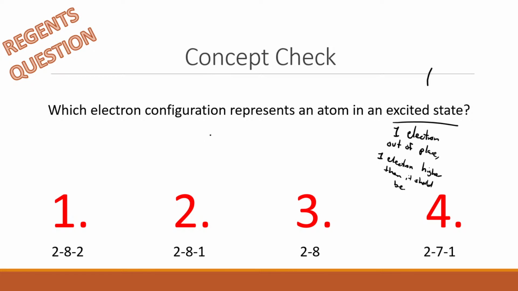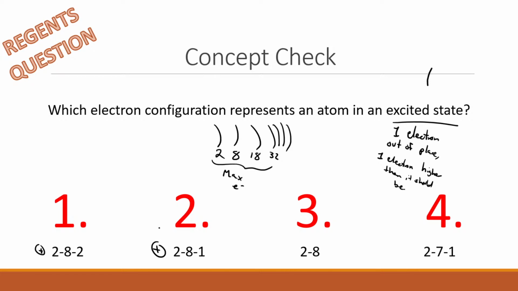So if we know that 2 electrons fit in the first shell, 8 fit in the second, 18, and then 32 as our maximum electrons, 2-8-2, everything is as close to the nucleus as it can be. So that's not our answer, right? Everything's already packed.